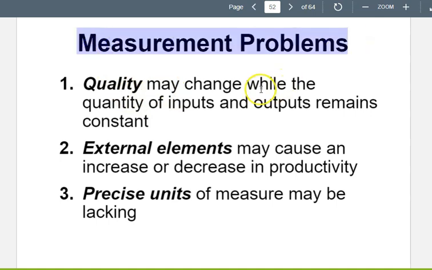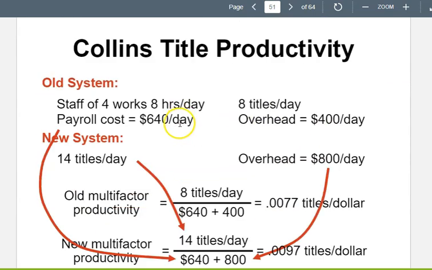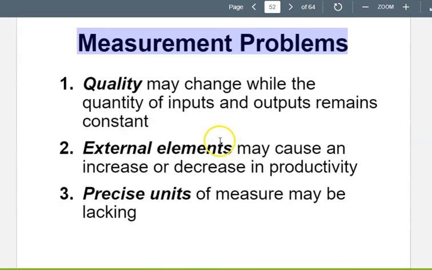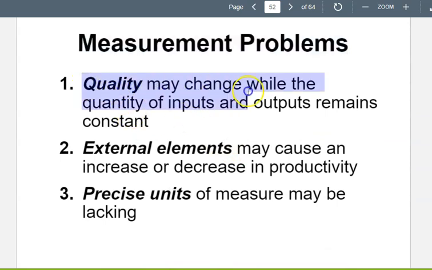Measurement problems. The way that we calculated productivity earlier might have some problems. Quality may change while the quantity of inputs and outputs remain constant, and that's true. For example, you can put your employees under pressure to produce more. However, the way that they live under pressure, under stress, could have an effect on the quality of what they produce.